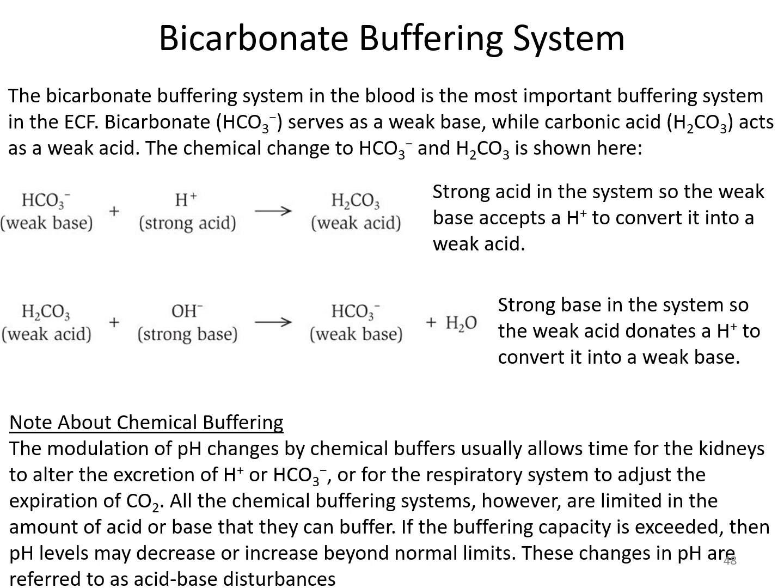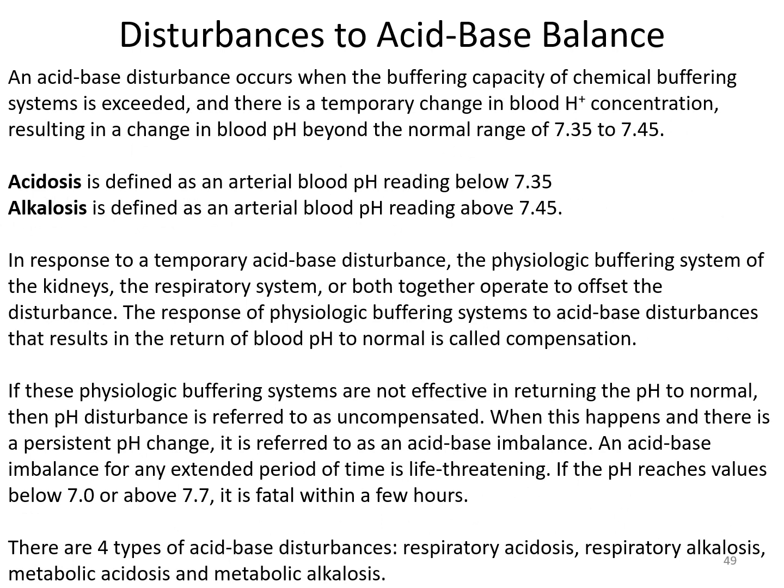If we use up all of the capacity of our chemical buffering systems before our physiological buffering systems have come into play, that's when you get that acid-base disturbance. Okay, so an acid-base disturbance occurs whenever the buffering capacity of the chemical buffering system is exceeded, and we haven't yet kicked in with those physiological buffering systems.